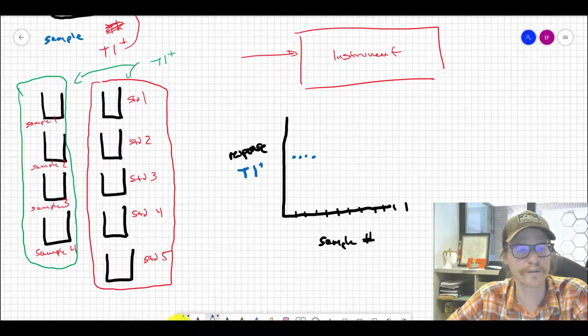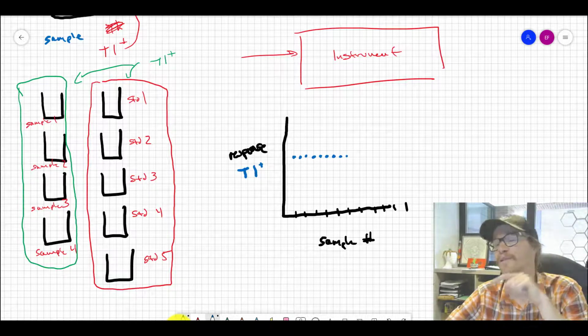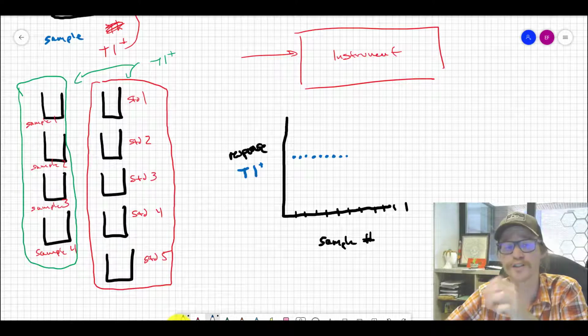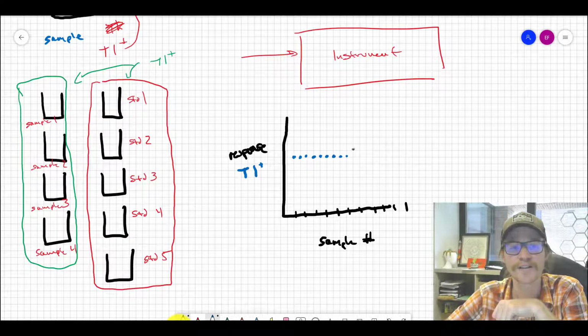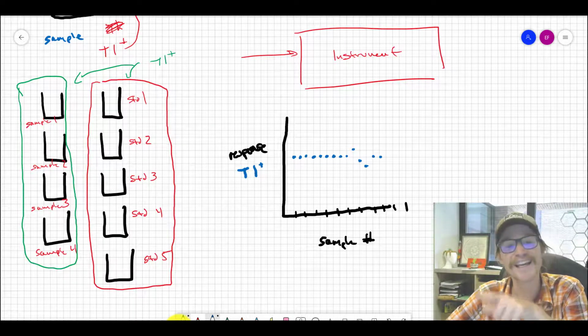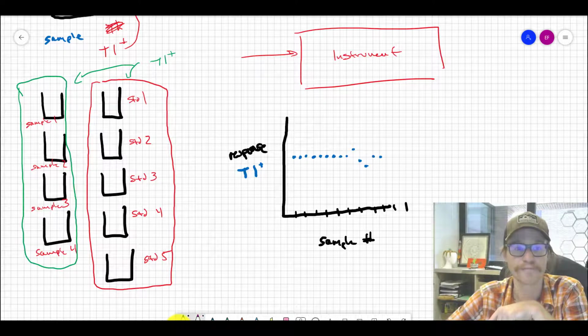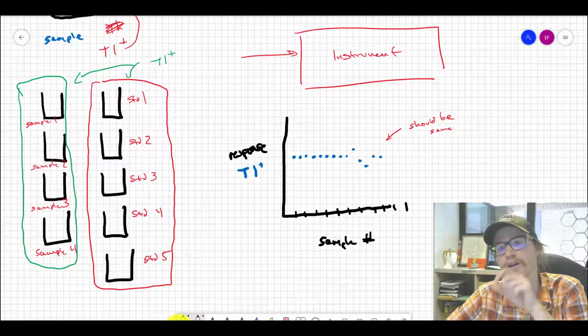Every single time the response is the same because you have the same amount in everything. But if the matrix is different or the instrument starts to drift, then you start to see maybe deviations in that thallium signal in the response, even though it should be the same, right? It should be the same because you added the same, the internal standard.